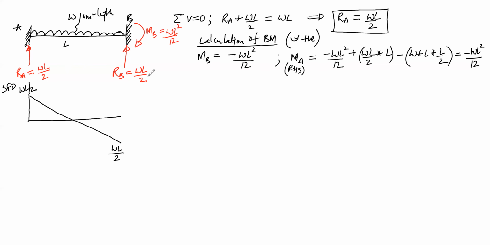And at point B, there is an upward reaction WL by 2. So this is minus WL by 2 plus WL by 2. So it becomes 0. This is positive and this is negative. And this is the point where the shear force is changing its sign. That point will be at a distance L by 2 from the supports, because it is a symmetrical beam.